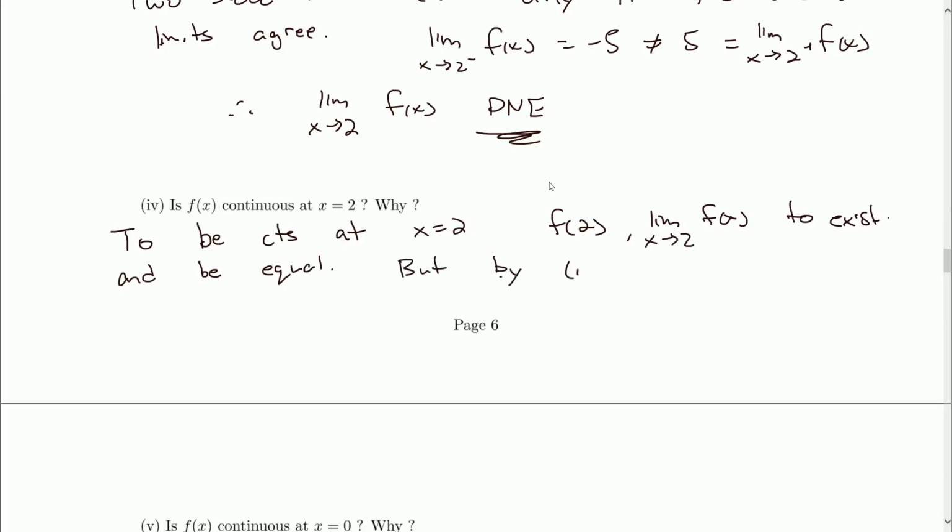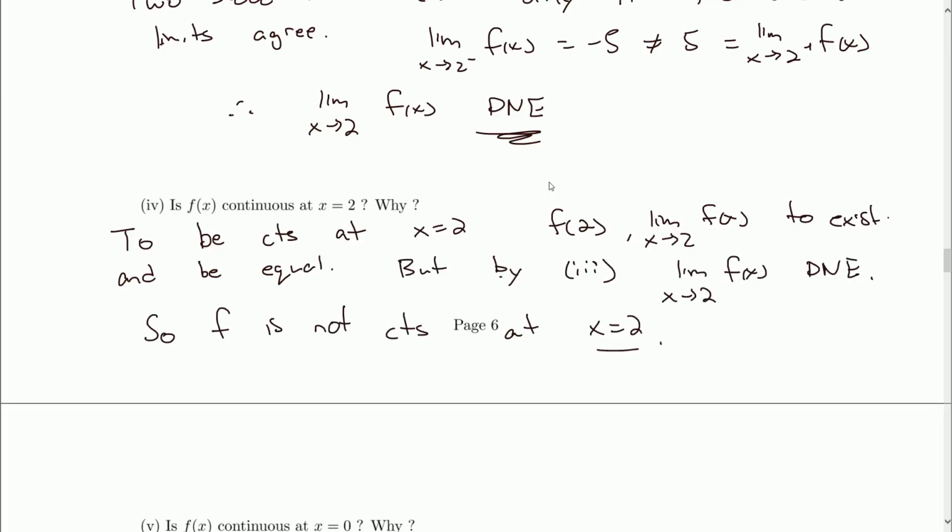But by question 3, part 3 here, the limit as x approaches 2 of f of x does not exist. So f is not continuous at x equals 2. Okay.